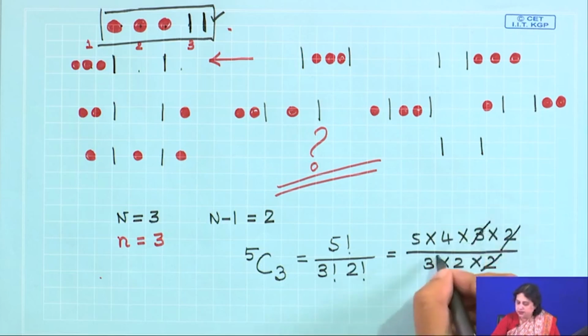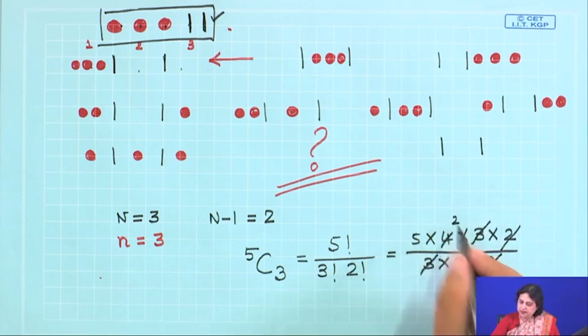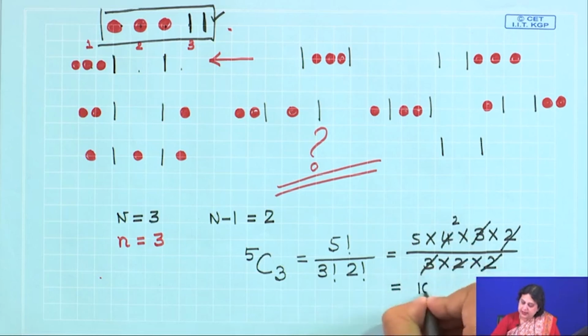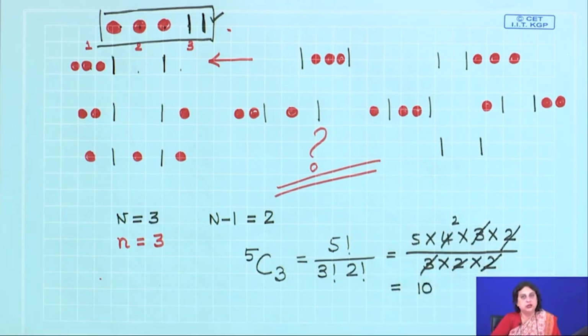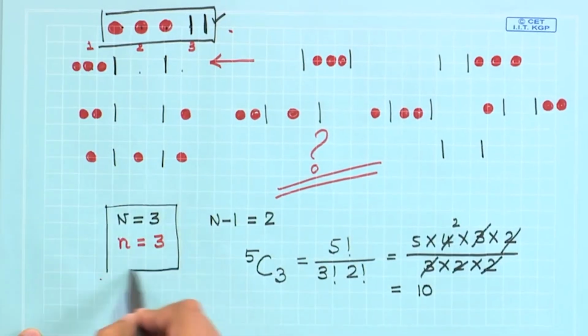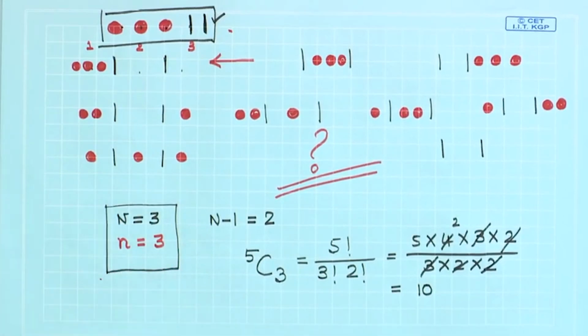So, the result is 10, and I leave it to you to figure out the different microscopic states that are possible when you have capital N equal to 3, small n equal to 3, and the total number of microscopic states is equal to 10.